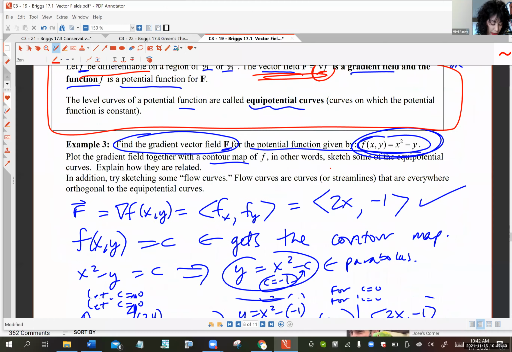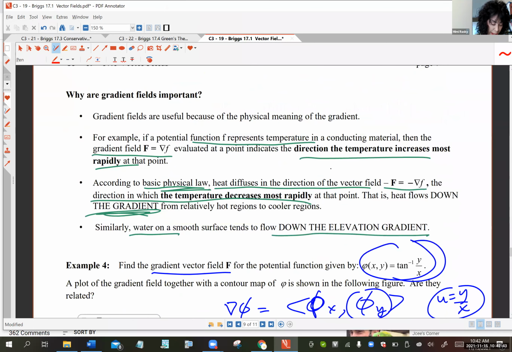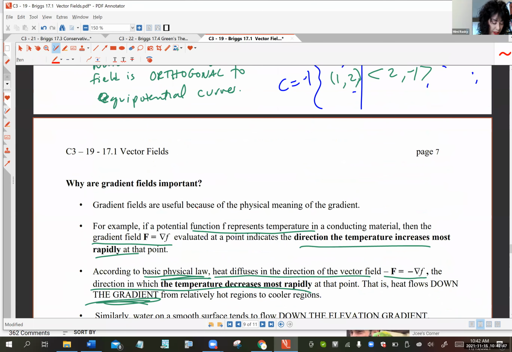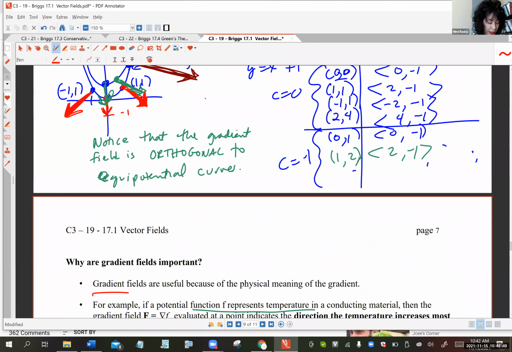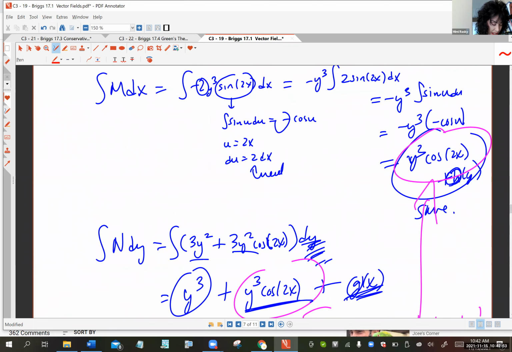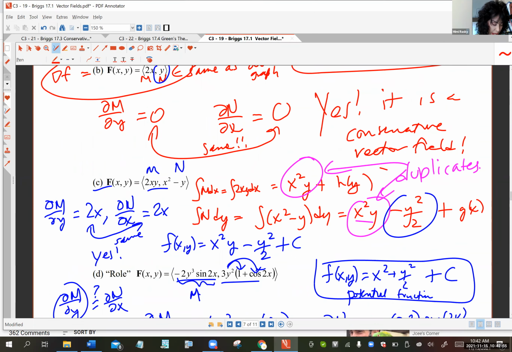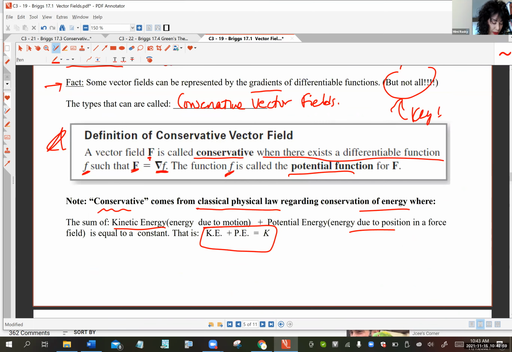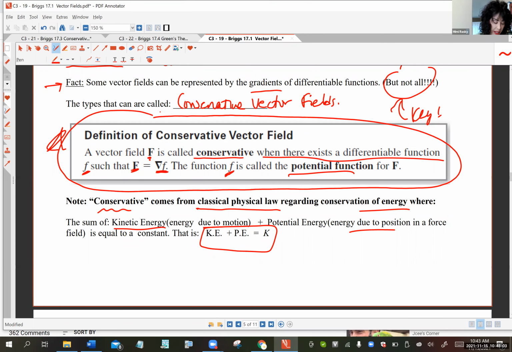And what do we know about gradient fields? They're very important, but the real thing about them is, and I think we said it way back here, if you have a gradient field right here, it's a conservative field.